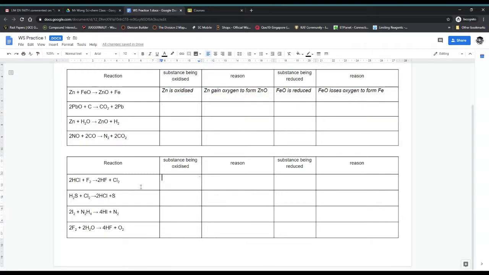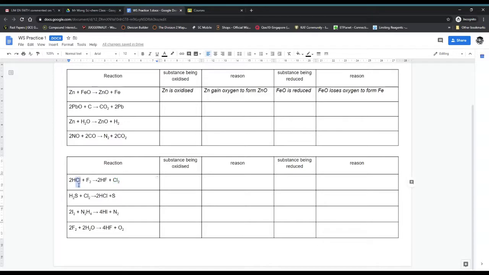As you can see here, this is another equation. Let's analyze this equation a little bit. Now we're going to look for which reactant is oxidized. We'll start with the leftmost, which is HCl. HCl on the left side of the reaction is a reactant. But going to the other side, it becomes Cl2.